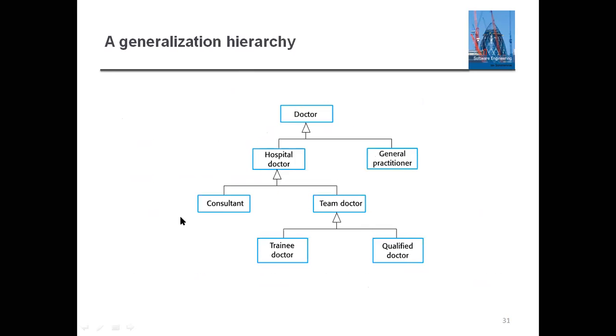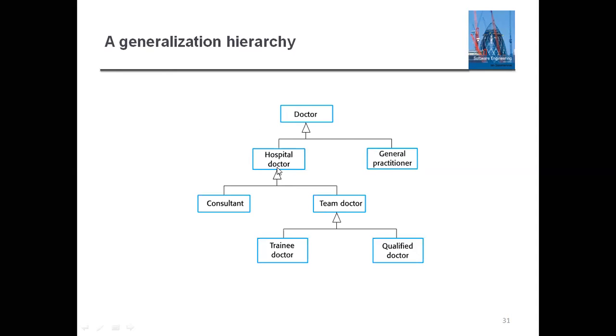Here you can see the hierarchy of generalization and how it has been designed. The first thing to remember is that the arrow mark is always an upward arrow. First I go for the doctor. The doctor can be of two types: hospital doctor and general practitioner. This doctor is my superclass and these two are my lower level classes. Both will have the attributes and functions inherited, or generalized, from the doctor class.